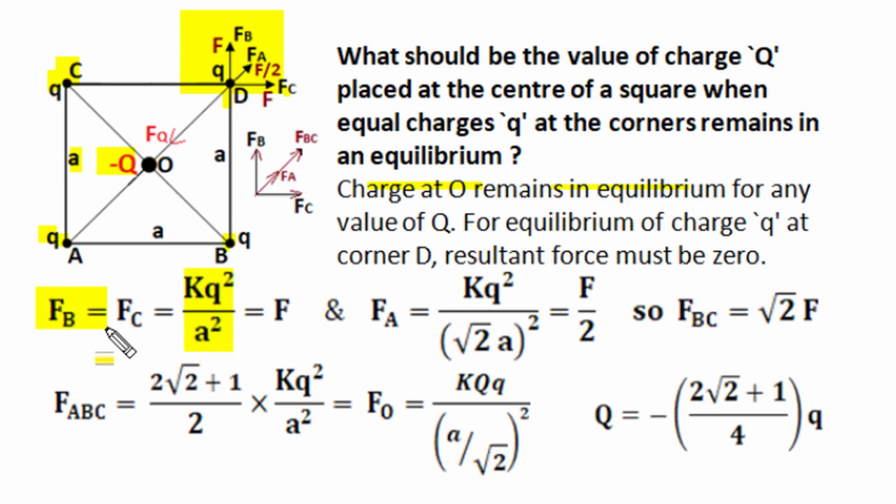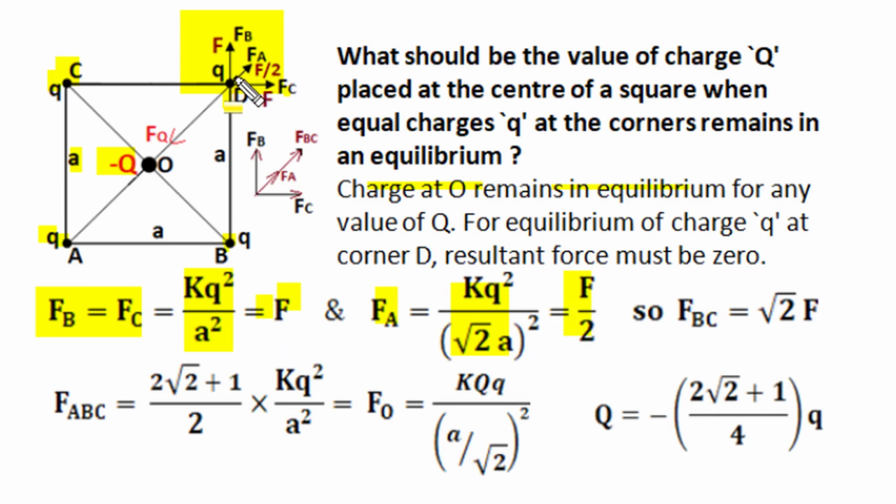So the force of the B charge and the force of the C charge on this charge at position D is KQ square upon A square. Let's call this force F. Now position D and vertex A are at a distance root 2 A, and the force of A on this charge is KQ square upon root 2 A whole square, and it is F by 2, half of the other two forces.